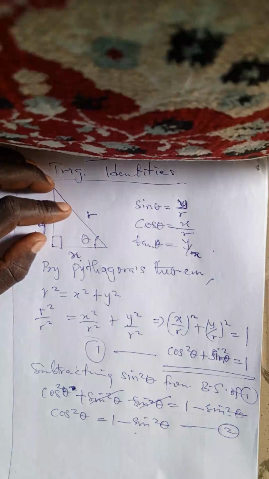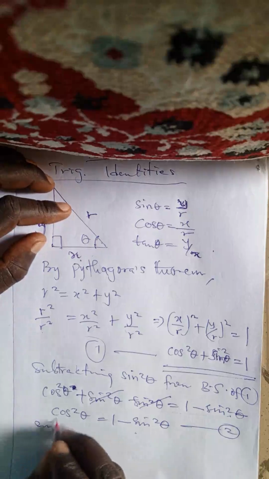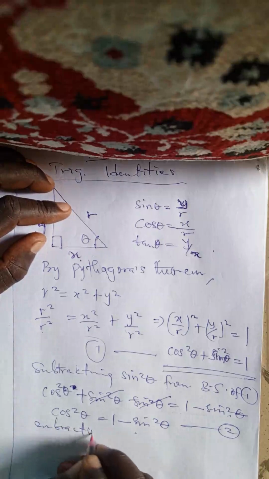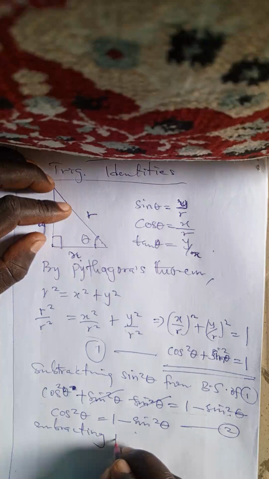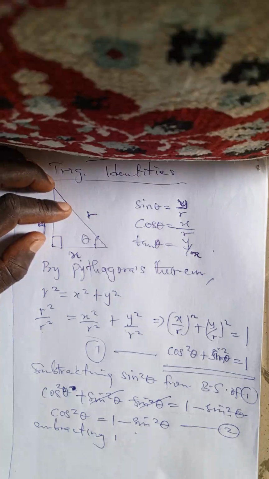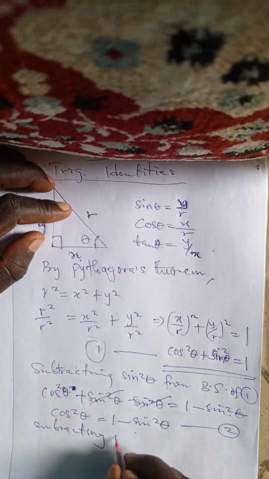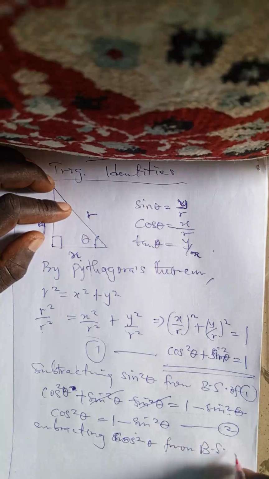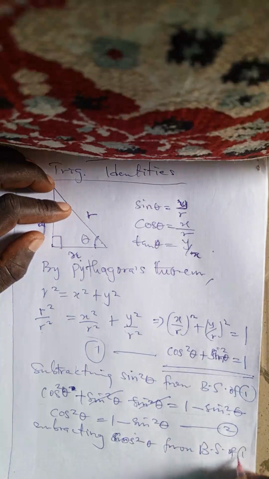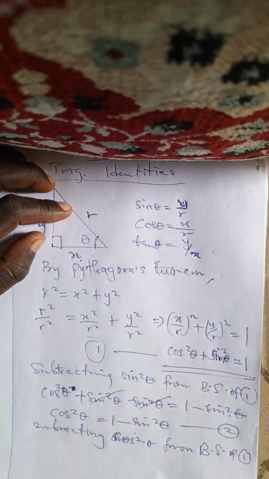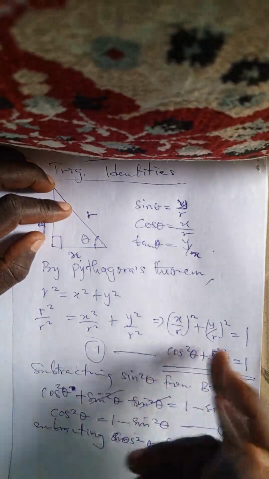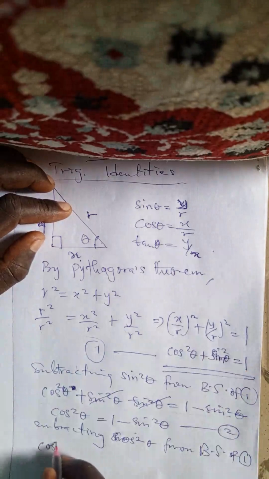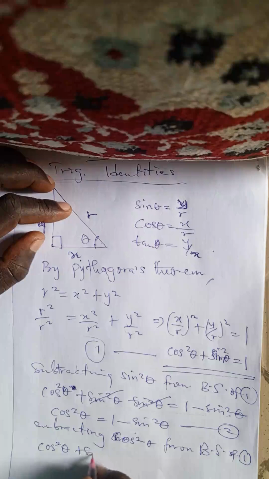Now again, subtracting cos squared theta from both sides of equation 1. We are referring to the Pythagorean identity. So from the Pythagorean identity, you have cos squared theta plus sine squared theta.